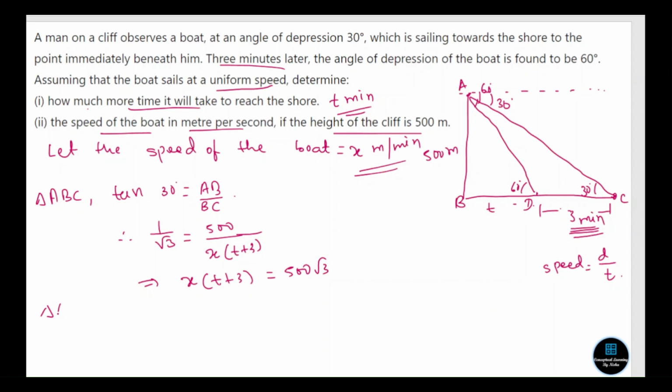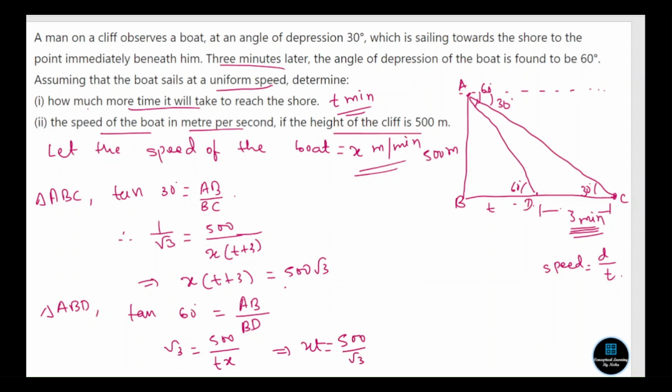Now triangle ABD: tan 60 degrees is equal to AB upon BD. So root 3 equals 500 upon BD, and BD is nothing but the time t taken times the speed x. So we get the value of xt is equal to 500 upon root 3.